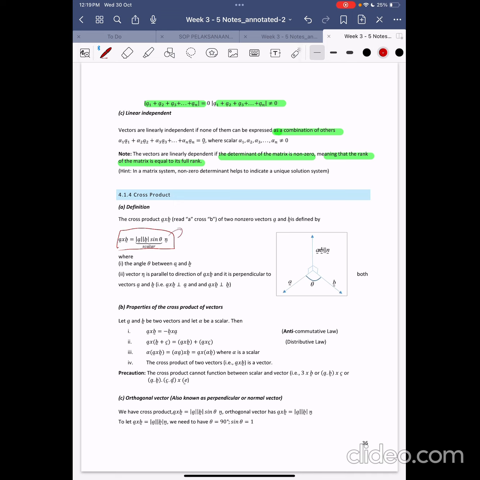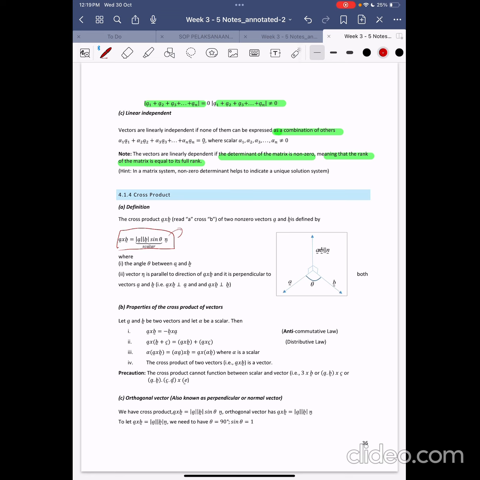The way of representing the cross product, you can use your right hand: your thumb, your pointy finger, and also your middle finger. You separate them at 90 degrees from each other. It's like you make a pistol shape, and then you add the middle finger in the 90-degree direction from the pointy finger.